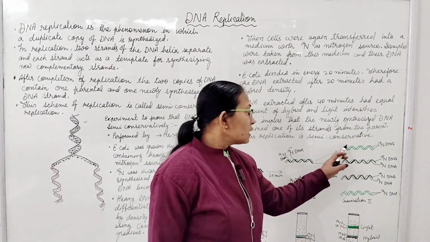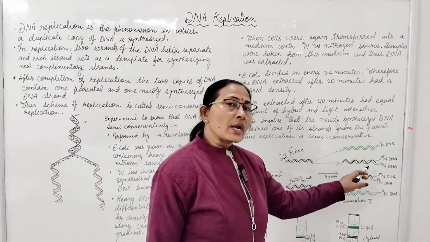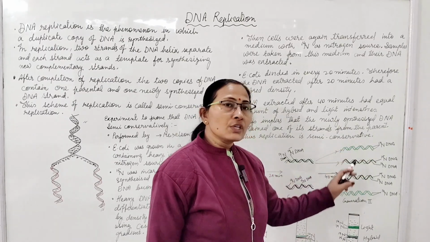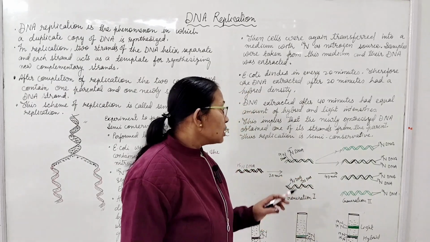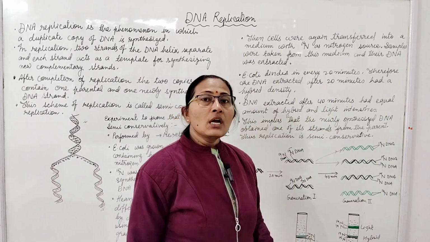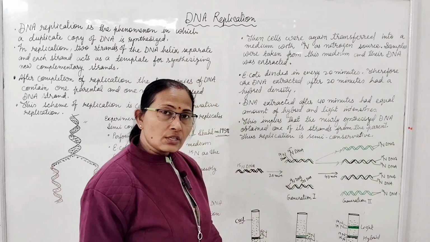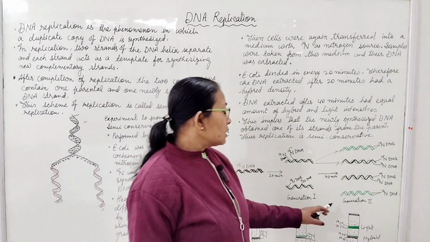Hybrid DNA provides the template for the formation of new strands of DNA in which N14 is found. So an equal amount of hybrid and light DNA is found in the density gradient medium.